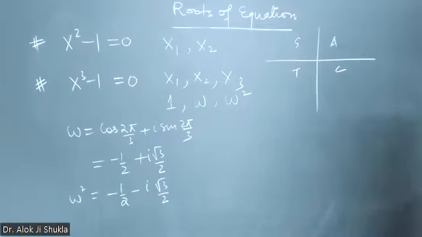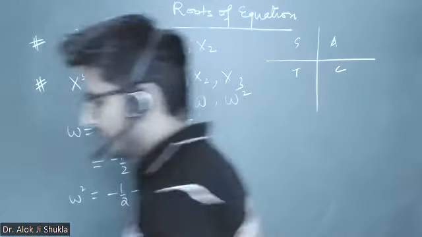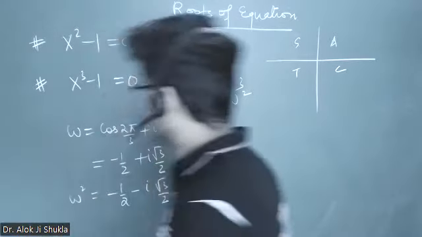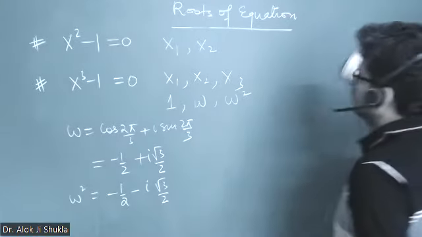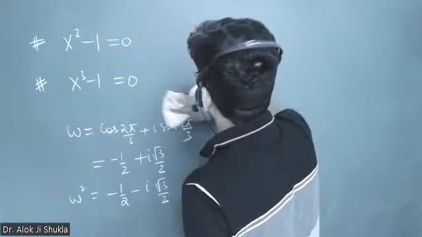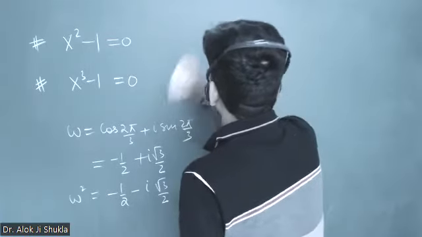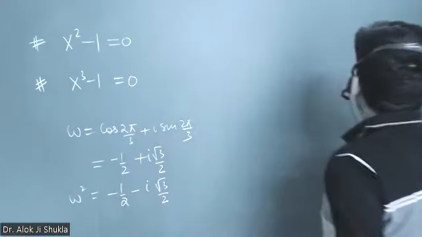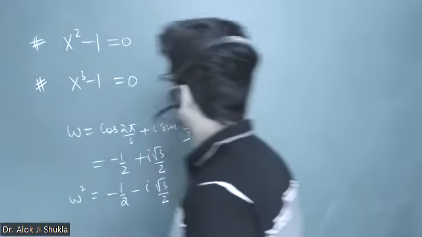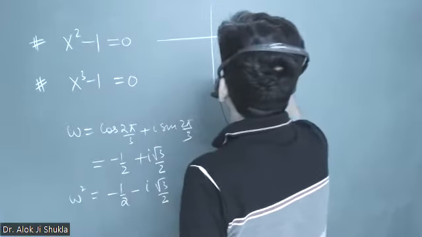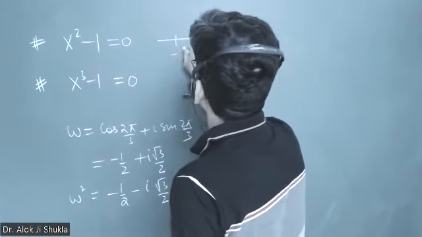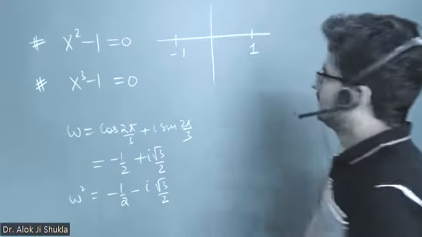Now, if I draw the roots on the argand plane, how will they look? Let us see that. For this one, how will the roots look? 1 and minus 1, correct?